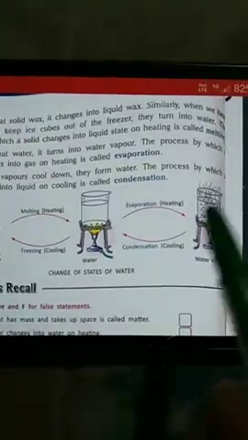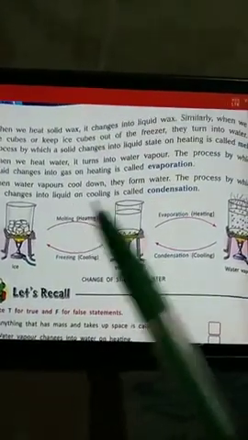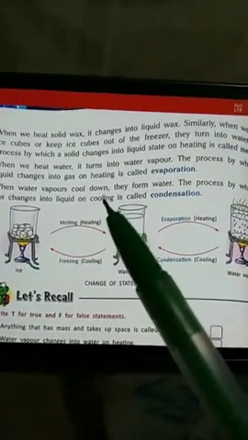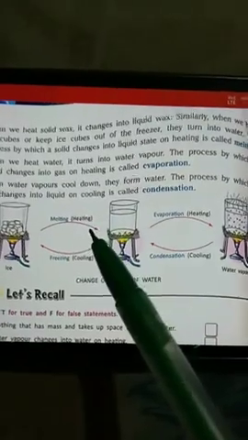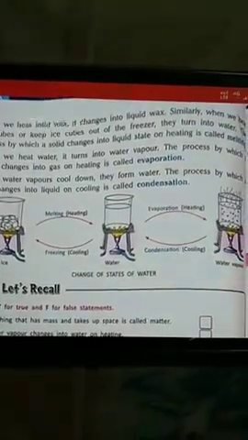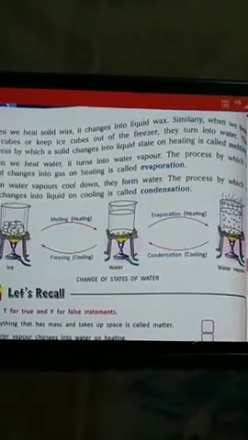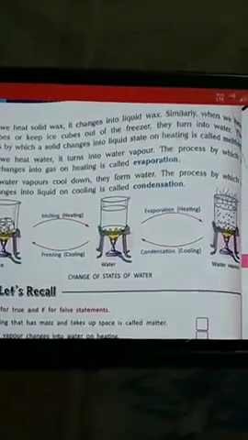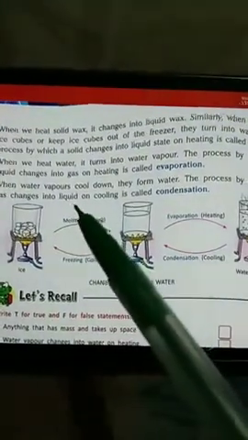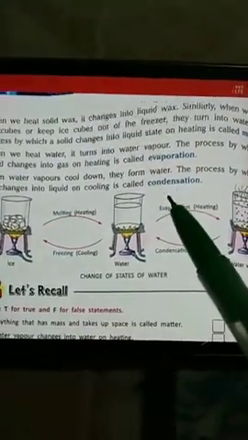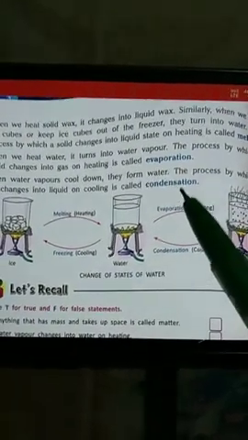Here the lid of the container is causing the cooling effect. That's why the water vapor, on touching the lid, condensed and formed tiny droplets of water. Therefore, the process by which a gas changes into liquid on cooling is called condensation.